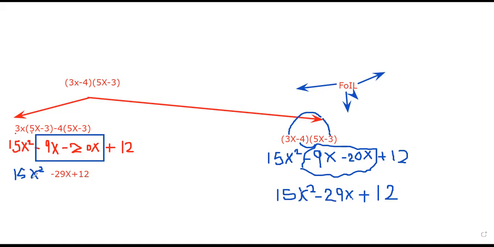If you check the final answer for the first method and the final answer for the second method, are they the same or different? They are the same, for sure. They should be the same, because we answered the same question, but by two different methods.